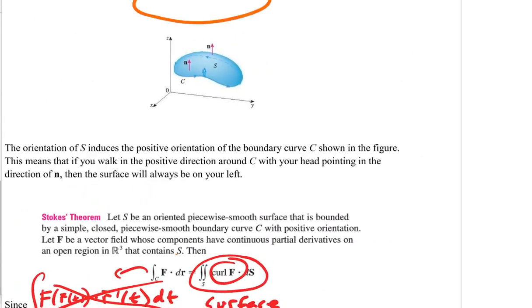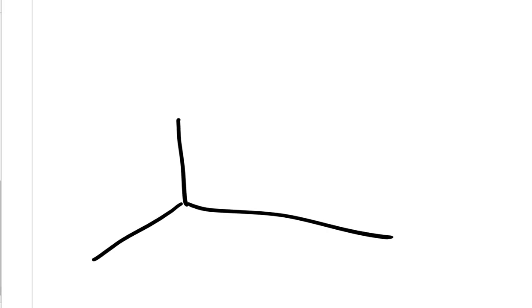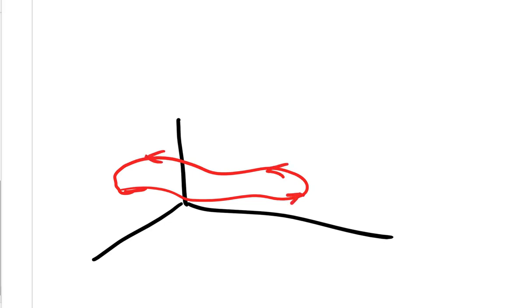So the idea is this: suppose you have a curve in space, like, I don't know, suppose it's going to be a closed curve. So F is not a conservative field in this case, because if it were conservative, then your work would be zero around this.